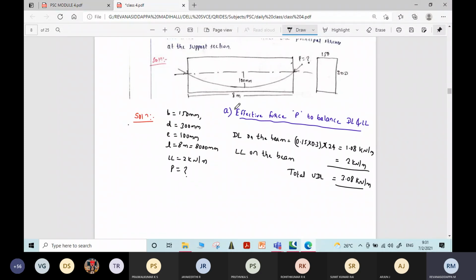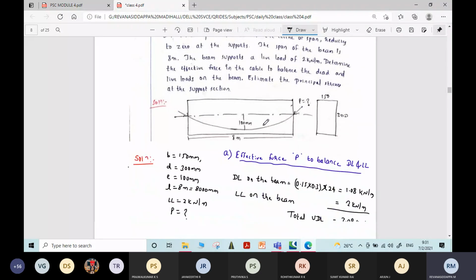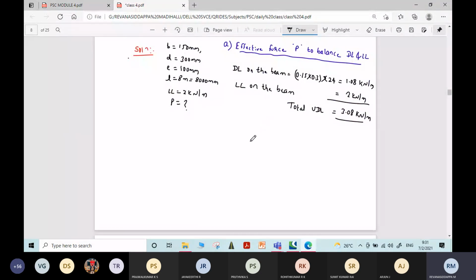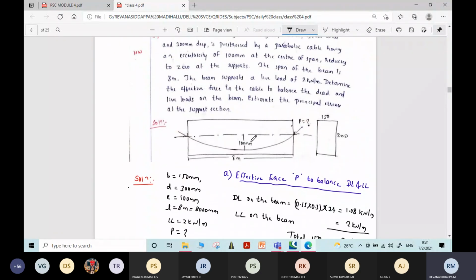Now it is asked to find the pre-stressing force to balance the dead load and the live load. Okay, so when it is required to find a pre-stressing force which can balance the effect of dead load and live load, the moment caused by the pre-stressing force should be equal to the moment caused due to dead load and live load.